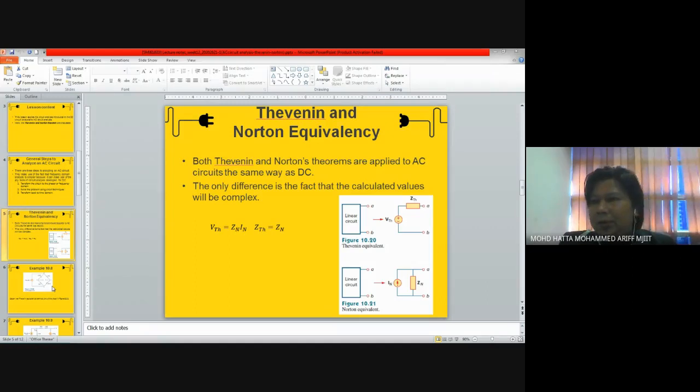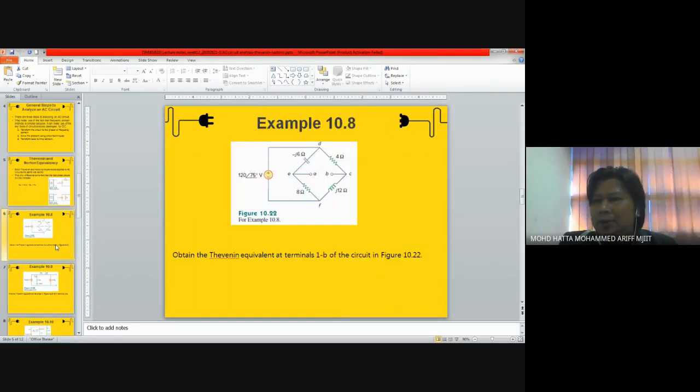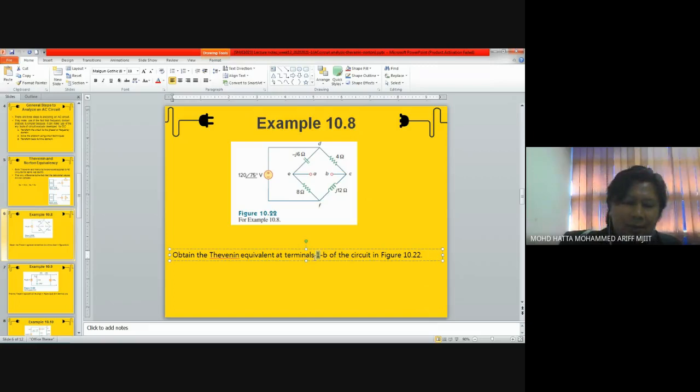Okay, we move on into the first example, which is example 10.8. You can find this example in the textbook as well. What we're trying to do here, according to the question, is to obtain the Thevenin equivalent at terminals A and B. This should be A, it's not 1.